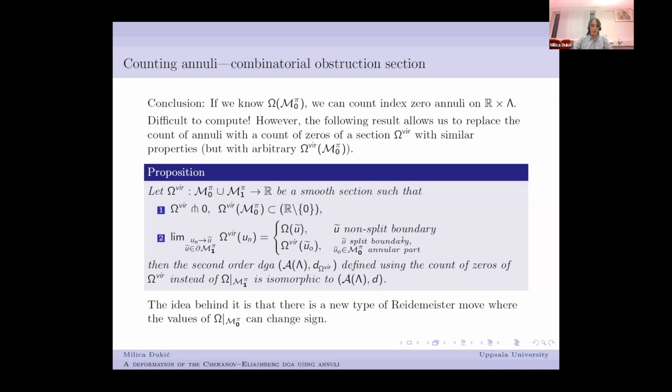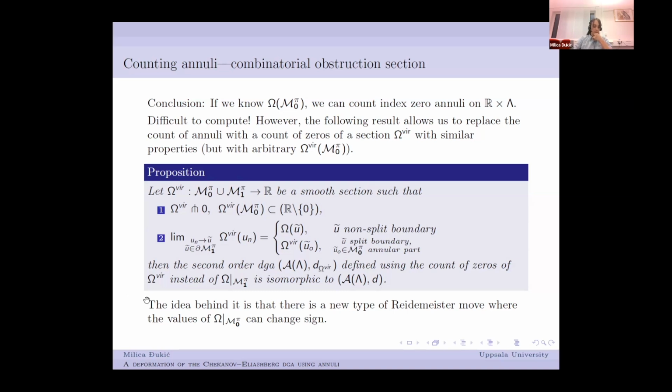But for split boundary, it should converge to the value of omega virtual on the annular part. And the point here is that now we can choose arbitrary values for these omega virtual on M0P and extend to M1P accordingly and count zeros of those. So it becomes some sort of combinatorial count instead of a count of annuli.